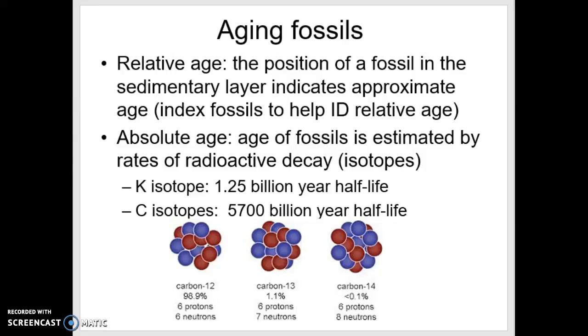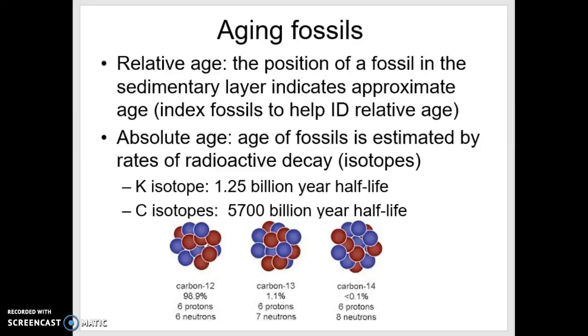The other technique is what's called absolute age, to determine the age of a fossil. This is estimated by using the rates of radioactive decay of these isotopes. So when we look at different isotopes, scientifically, the chemists have figured out how long it takes for it to break down into what's called the half-life. So it goes from a certain amount to half that amount in so many years.